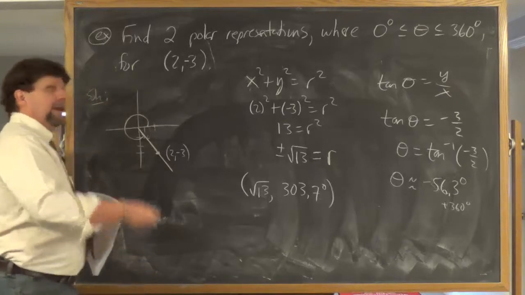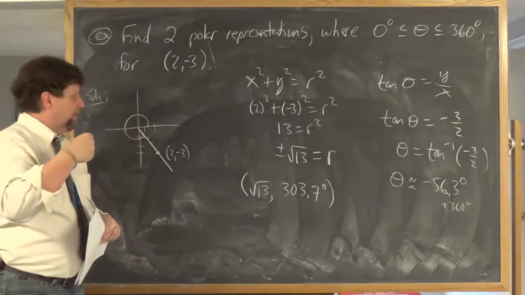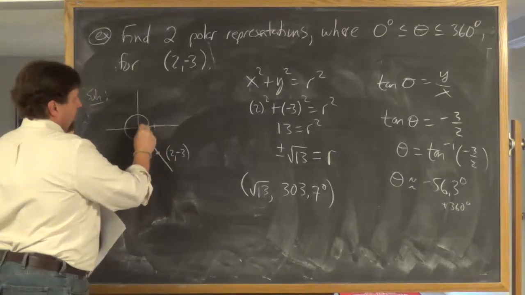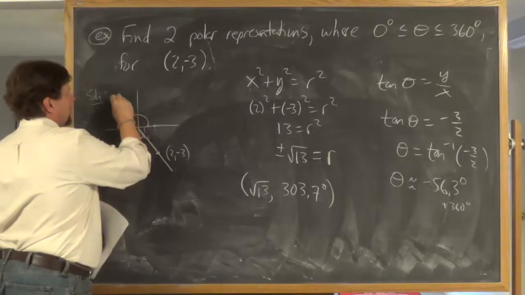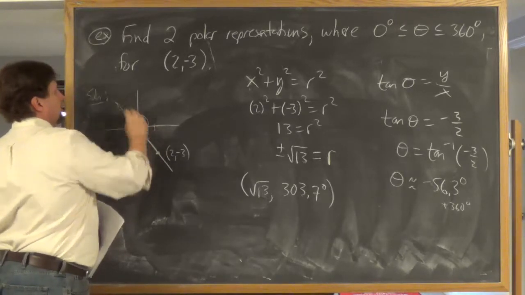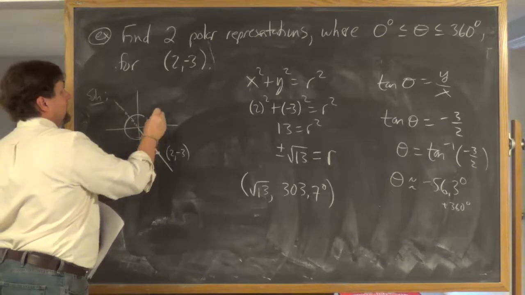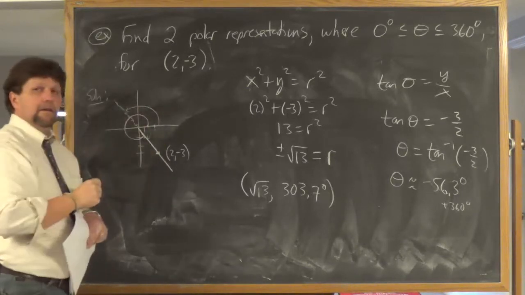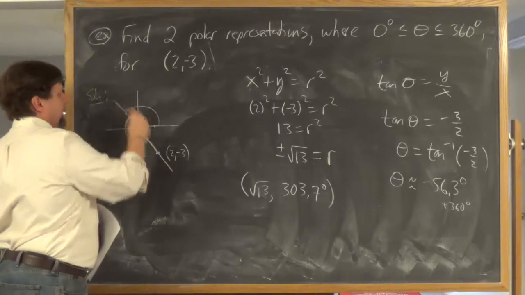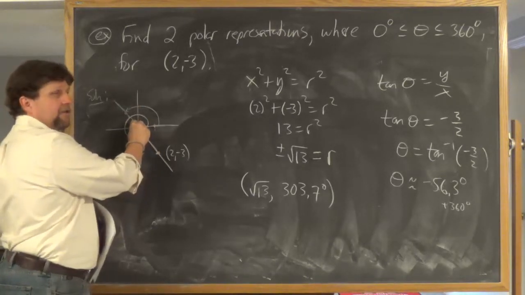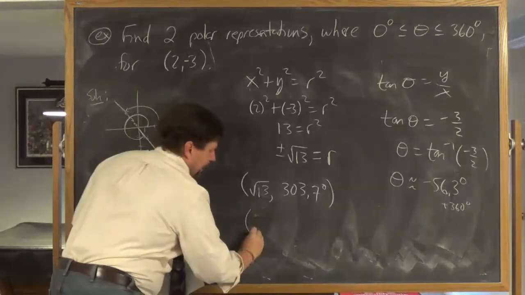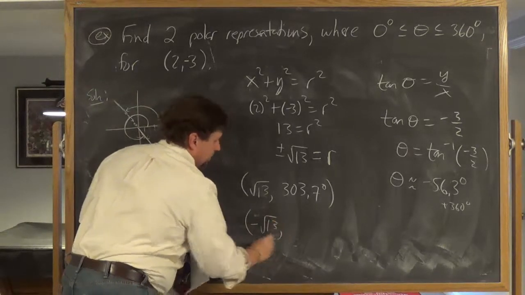Well, that other polar point representation should occur when our polar axis would stop right here. So we'd give it a rotation to here, and if that's where my polar axis stops, to get to this point, I would use the negative square root 13. Let me get that written down, negative square root 13.